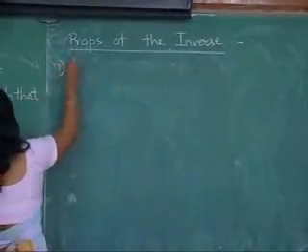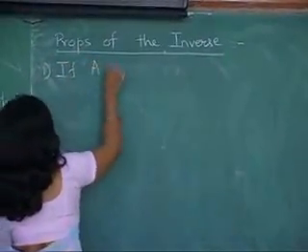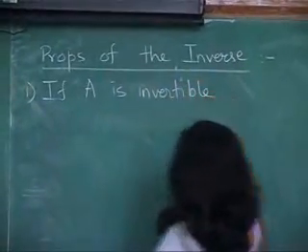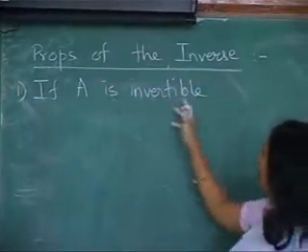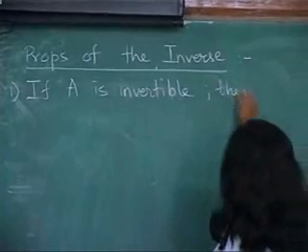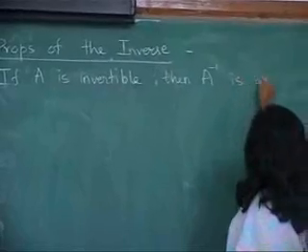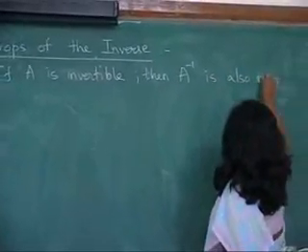The first property is, if A is invertible, invertible means it has an inverse. So if A is invertible, then its inverse exists and its inverse is also invertible.